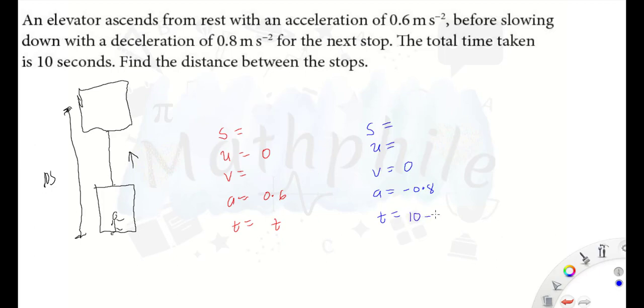Now, another linking factor. There are two cases. One thing that can link the two cases would be the velocity, right? And in what way? How does the velocity link up the two cases?